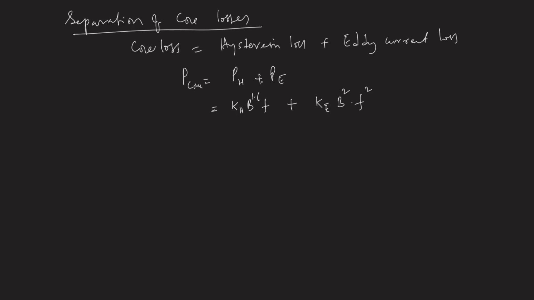Now I can say that if I divide this core loss by F on both sides, I have P core by F equals K_H B^1.6 plus K_E B squared F, right?